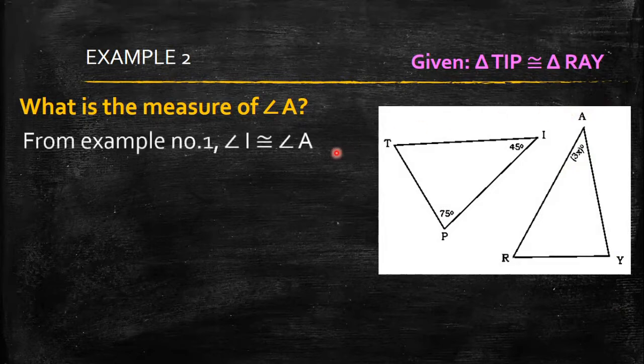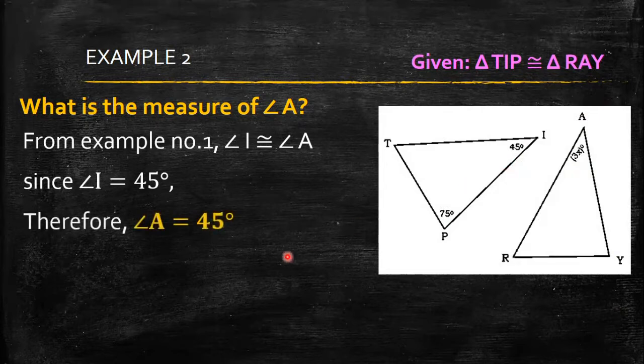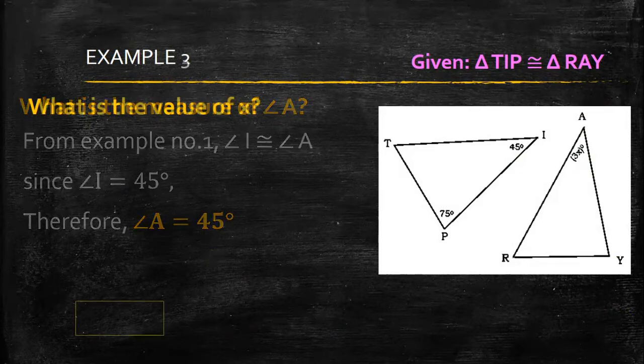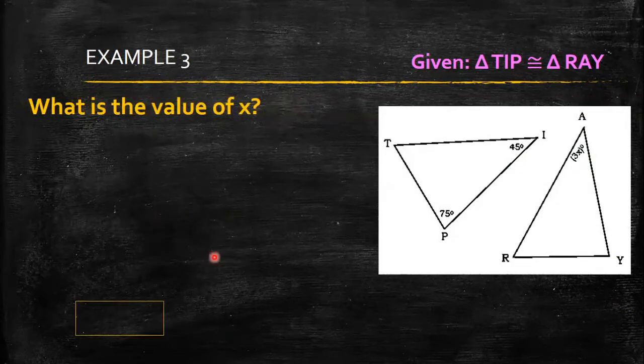Dahil si angle I ay congruent kay angle A at si angle I ay equal kay 45 degrees, therefore, si angle A ay 45 degrees also. Okay? Next. Example number 3, what is the value of x?